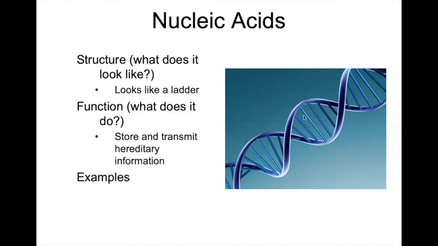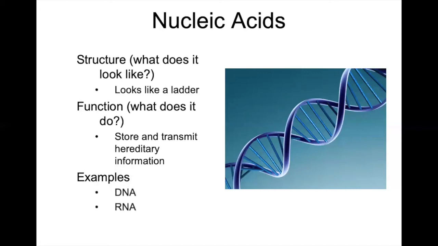This is just a series of nucleotides going all the way down, attached in a very specific order. So this is how they're stored, making a message. And by transmit, I mean you are going to make a copy of this and pass it on to your kid, so your kid is going to look a little bit like you.